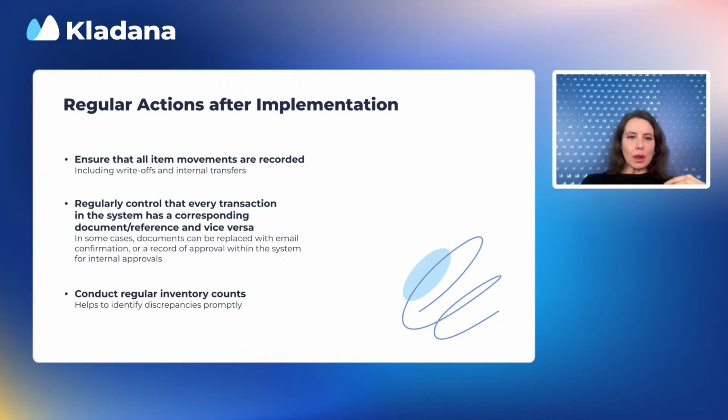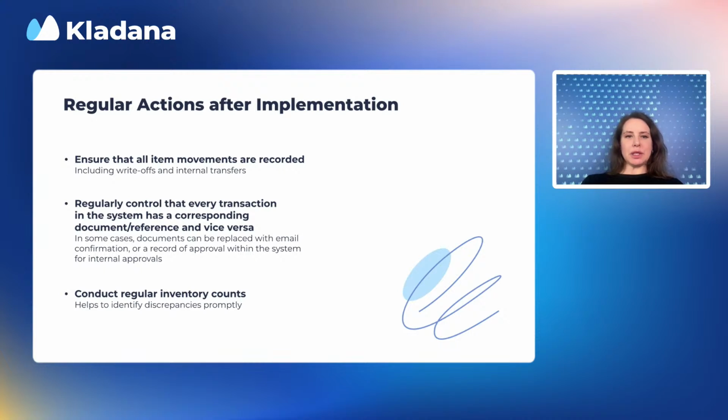Also, what else? I can't say that it's applicable for each business, but in real life, for each transaction or record, like a financial record or a transaction that moves goods, usually there is a document under it.